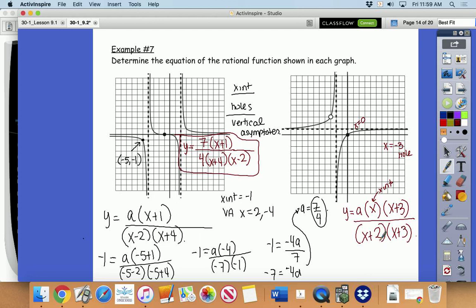Lastly, solve for A. We can use the point of discontinuity to plug in for our x and y if we have no other points, because that will help us figure out our A value. So our point of discontinuity that they're giving us was -3 and 3. Let's plug that in, because the stretch would still be the same and you'd still get this final image from it as well.